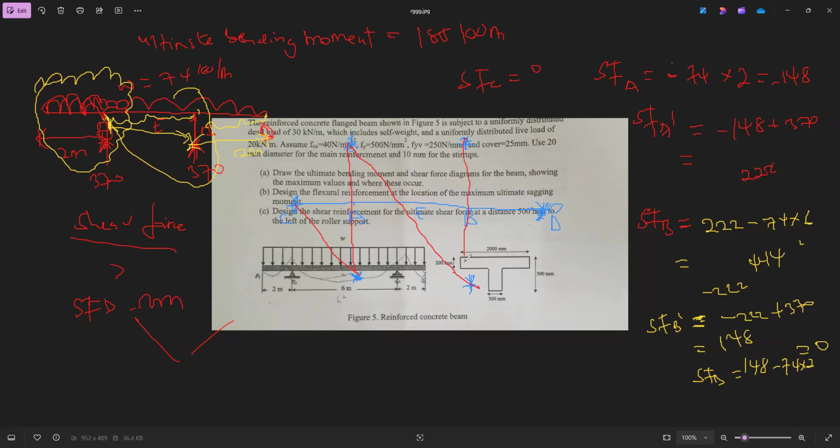Here to join that way. Is that correct? Yes. So here is 0. Here is minus 148. Here is 222. So the maximum shear force is 222 kilonewtons.